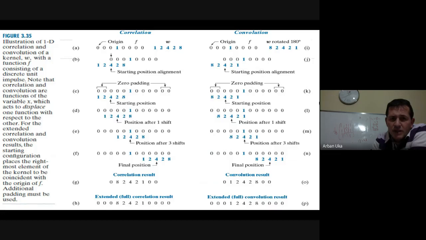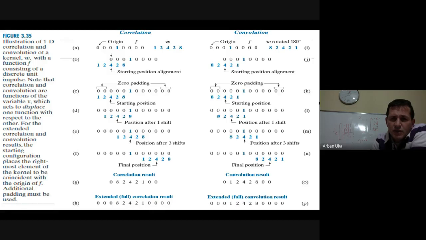Now, regarding correlation and convolution, we can obtain completely different results. Mathematically speaking, let's assume we have a function f composed of all zeros and a 1, and we multiply it with a kernel w.